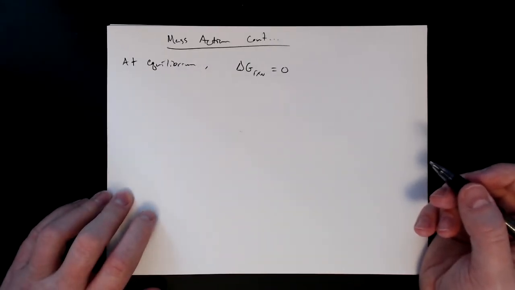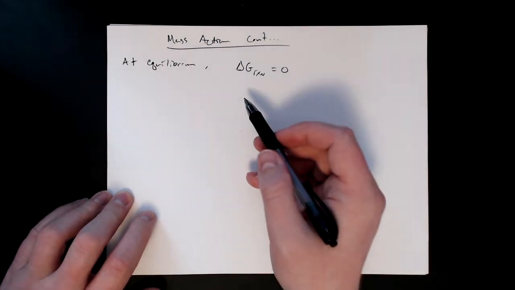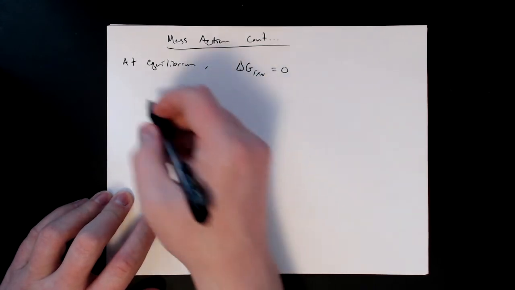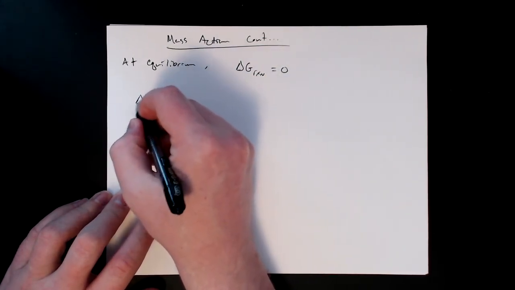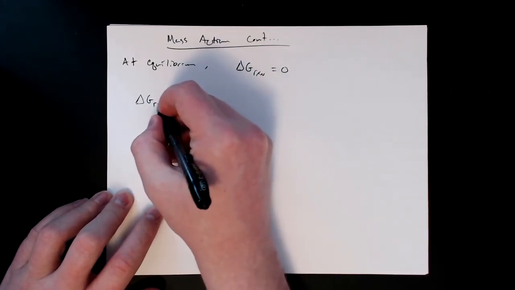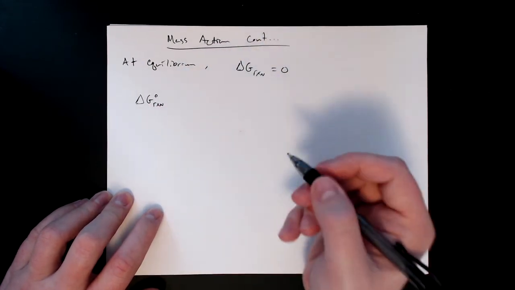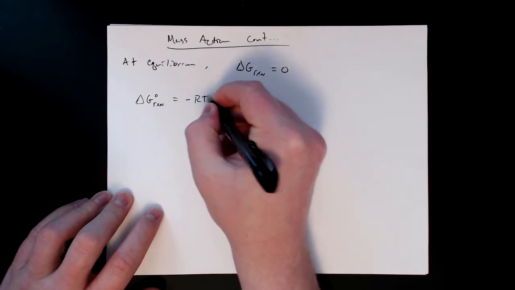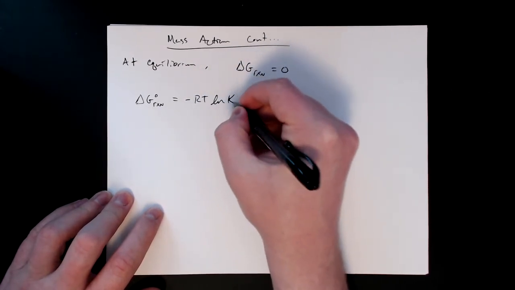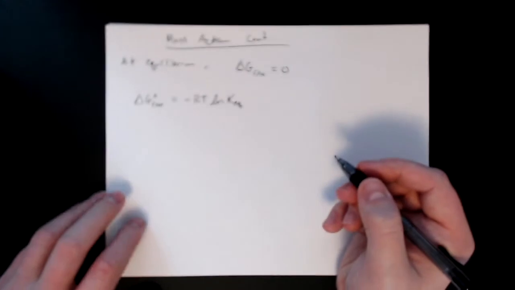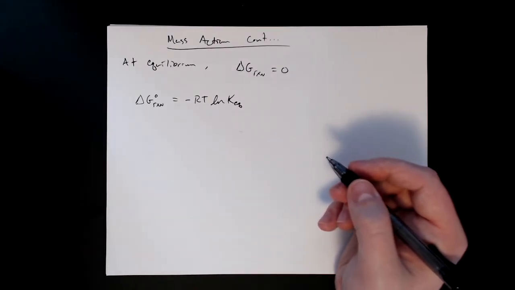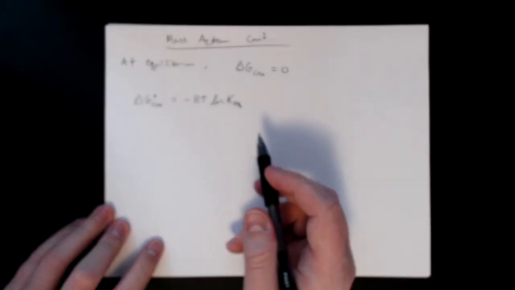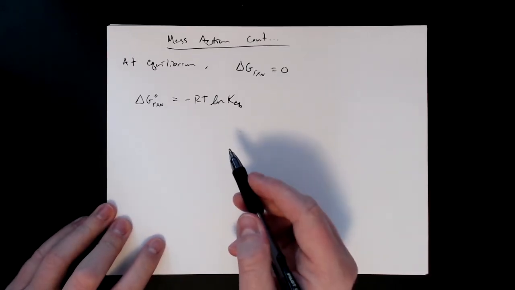And therefore, we can sub that into our expression for the reaction, and we get that delta G of the reaction at its standard states is equal to minus RT natural log of the equilibrium constant, or the mass action expression at equilibrium.